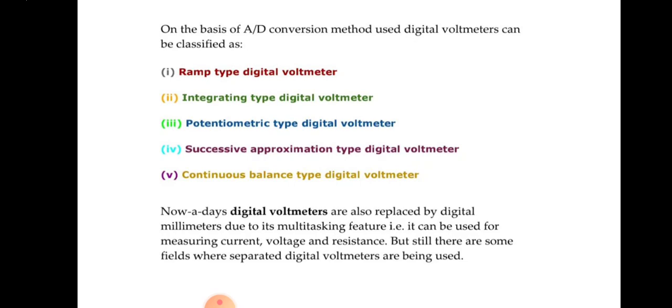We know multimeter means it can be used for multiple purposes, measuring current as well as resistance as well as voltage. So nowadays, as these devices are available, many times people think to buy a digital multimeter rather than a digital voltmeter. Okay, so this is all about digital voltmeters.